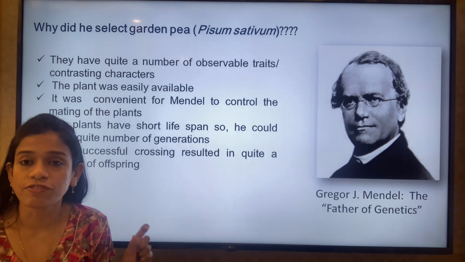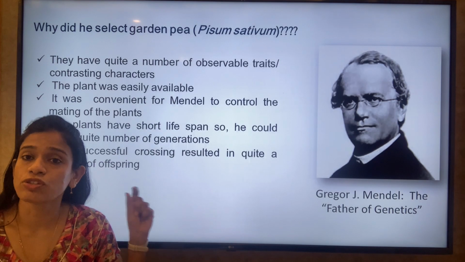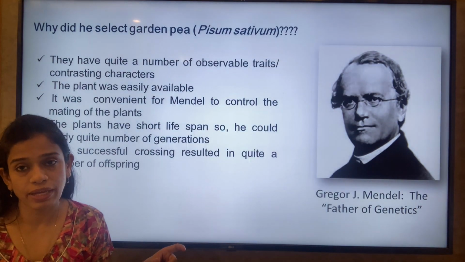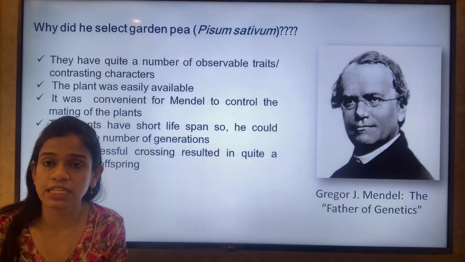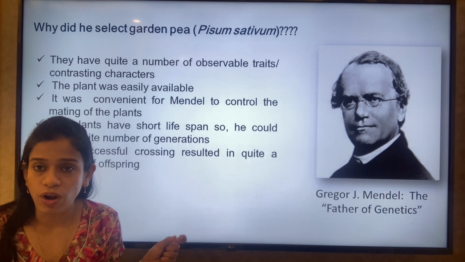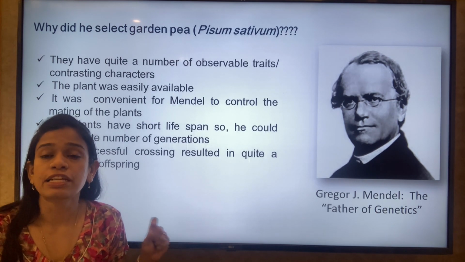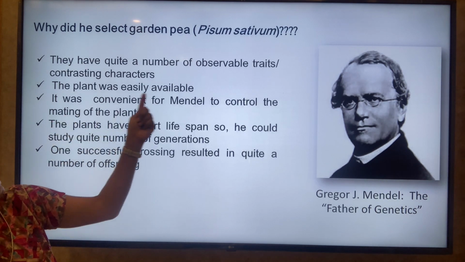Even the color of the flowers, some were white and some were truly pink or violet in color. Even the shape of the seed, some were round, some were wrinkled, and the shape of the pod. And the plant was easily available.